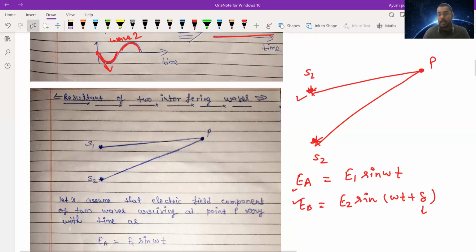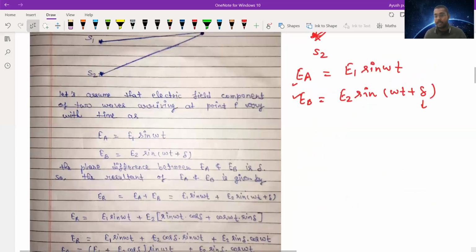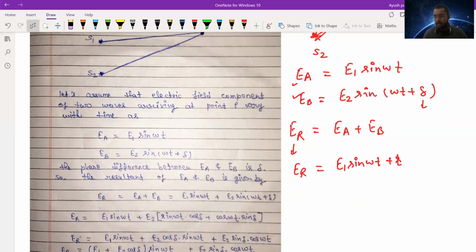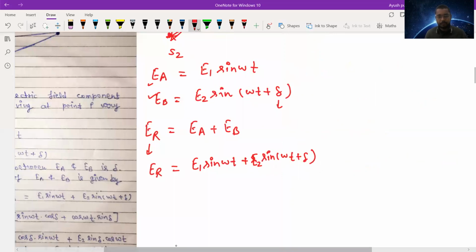Now, if I have to write the resultant wave, let's say ER, taking the amplitude of the resultant wave as ER, it can be written as EA plus EB. So let's add them: E1 sine omega t plus E2 sine omega t plus delta.